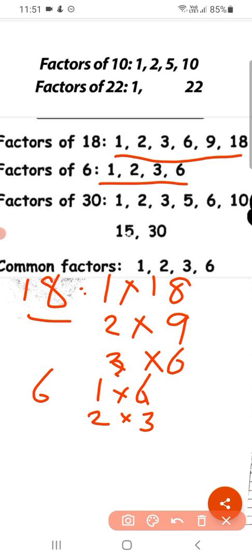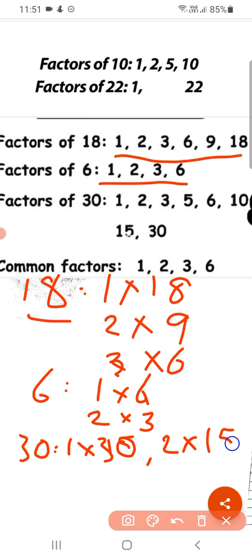Next, factors of 30. 1 into 30. 2 into 15. 3 into 10. 5 into 6.